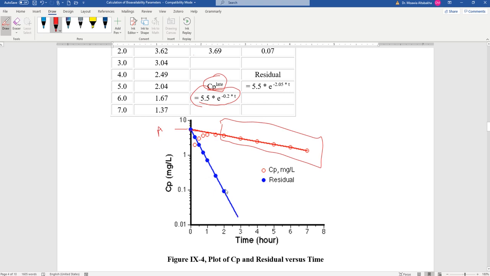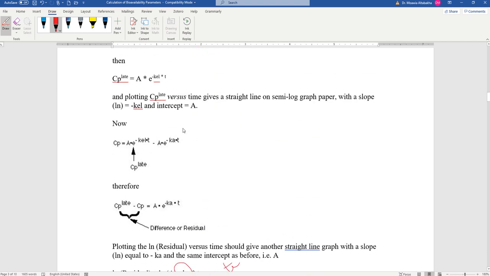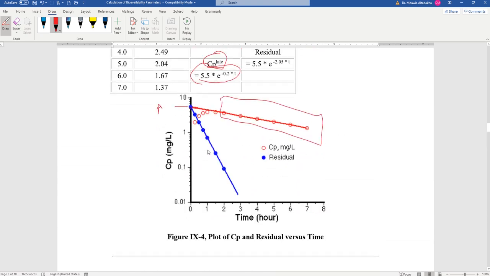Now what governs this straight line? Let's see again. ln residue equals ln A minus KA times t. So I can get KA from the slope. Slope is equal to minus KA. And I can also get A, which is similar to the CP late point here at the y-axis.